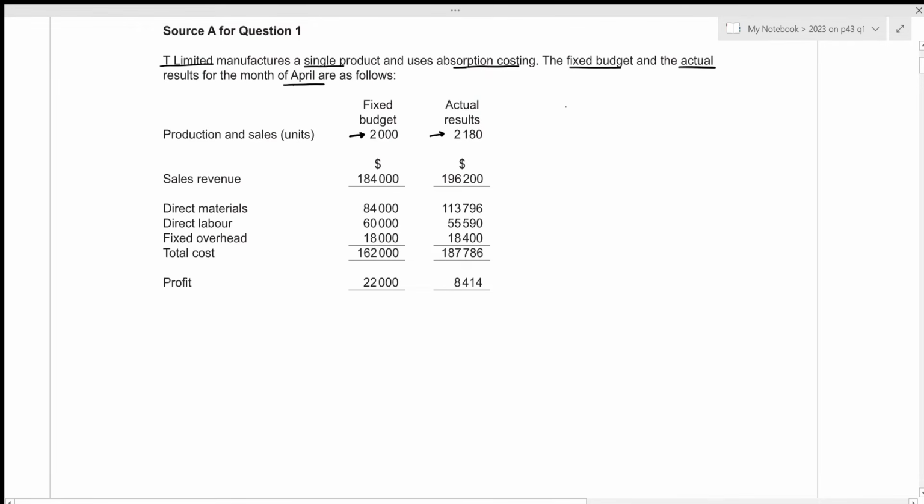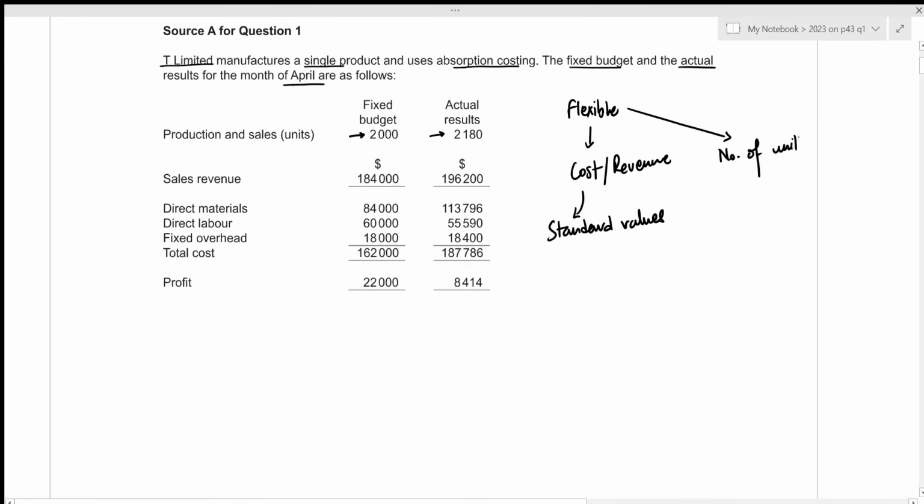Now flexible budget will be made on the same format, but in this case all of our costs incorporated or the revenue will have our standard values, which is the budgeted values, and all of the number of units will be of the actual values, which just means that we need to transform the given sales revenue, given direct materials, direct labor, to represent the actual units of 2,180 rather than the fixed units of 2,000.